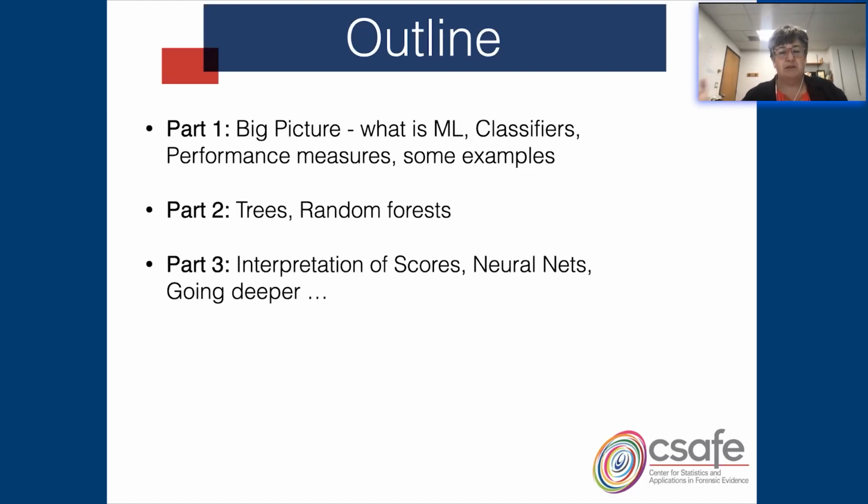So what we're going to do today is I want to go a little bit into how we actually interpret scores from any kind of machine learning model. I'll focus on the random forest, but it works for all other scores the same. And then we'll also go into neural networks and have a look at an application from outsole pattern recognition.